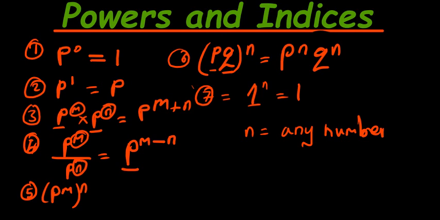So if 1 was raised to the power, let's say, 100, the answer will still be 1, because 1 multiplied by 1 up to 100, you are just going to get a 1. If 1 is raised to the power 25, the answer is still going to be a 1 there. So those are the laws of indices.